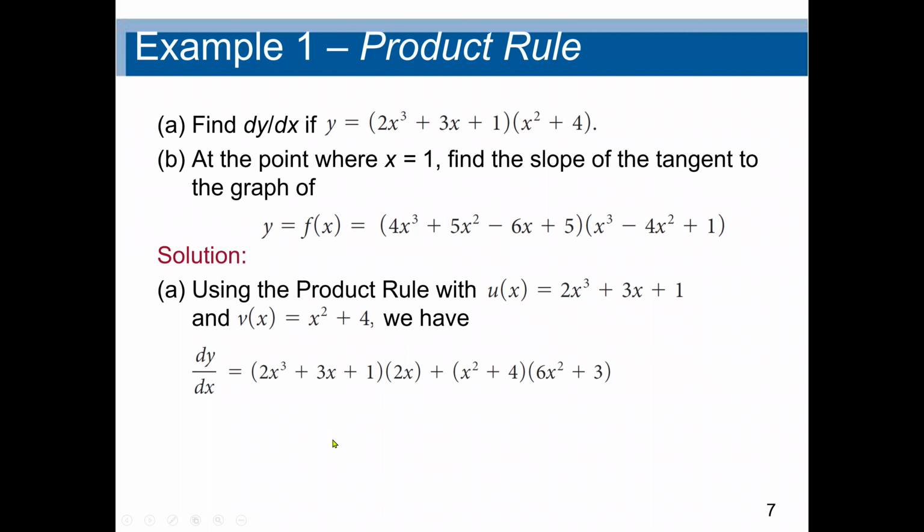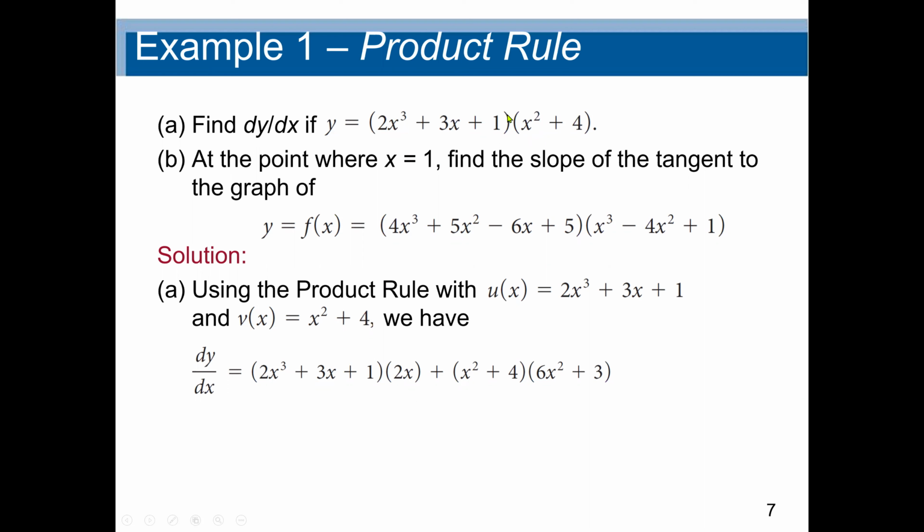So what I'm going to do, and you can see that this is quicker than opening the parentheses, because the derivative of s squared plus 4 will give me only 2s. The derivative of 2s cubed plus 3s plus 1 will give me only 6s squared plus 3.